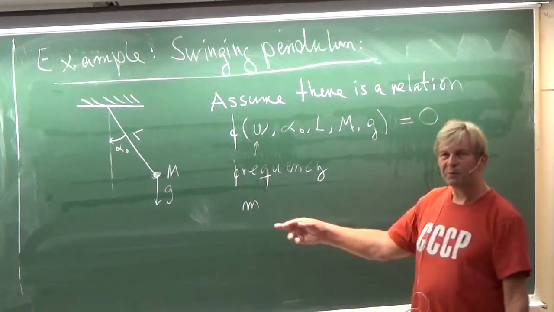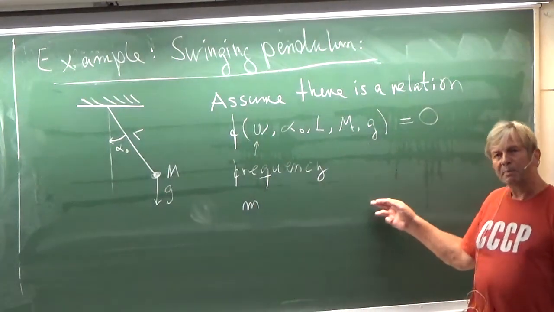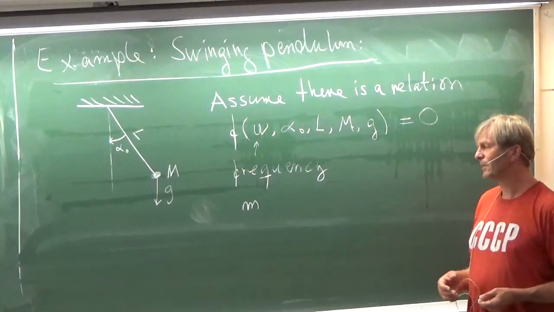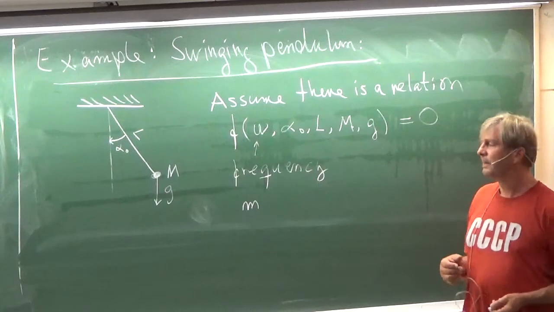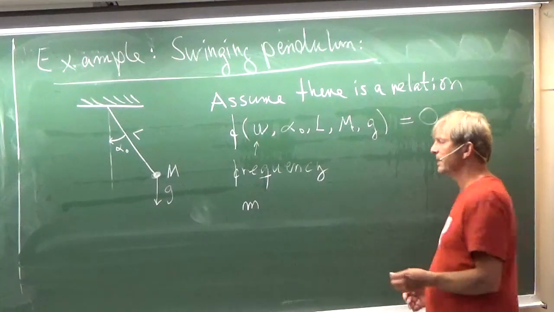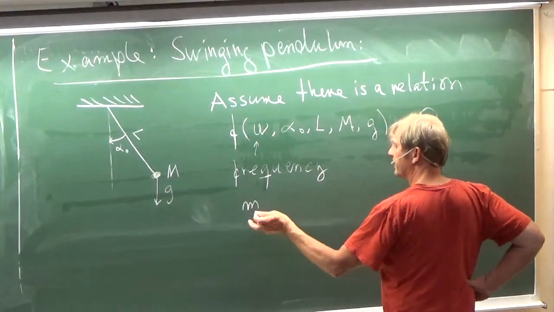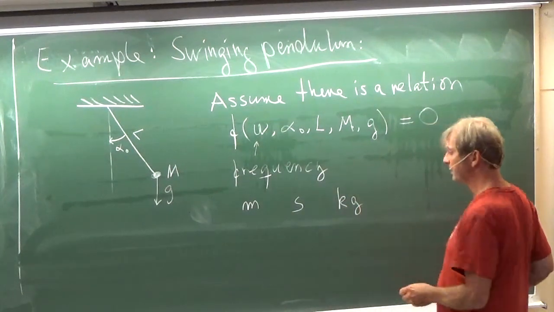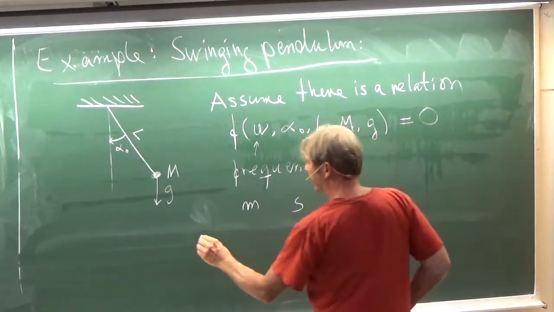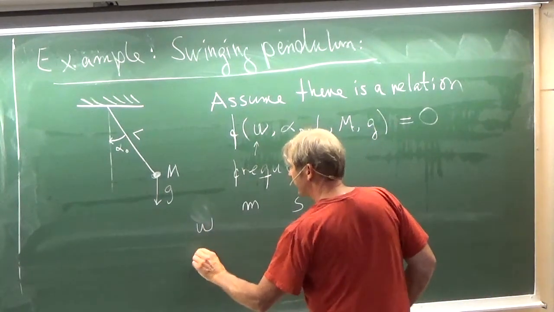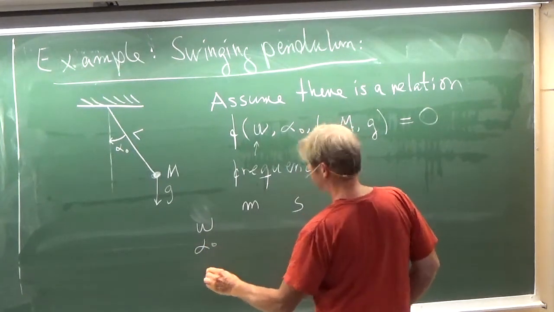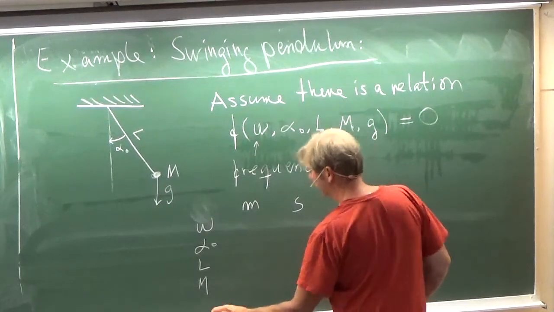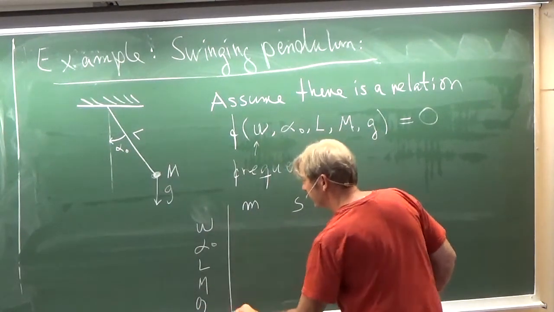We could either write dimensions here, like mass, length, time, but if you just stick to using the SI units we are used to, this is meters, seconds, kilos. We have the frequency, initial angle, length, mass, and the acceleration of gravity.